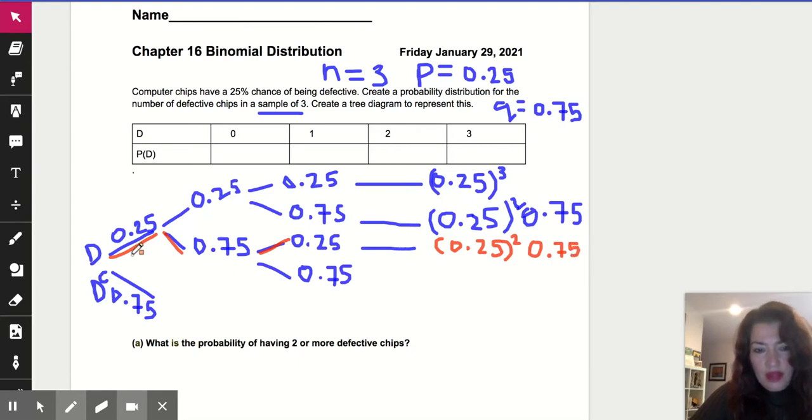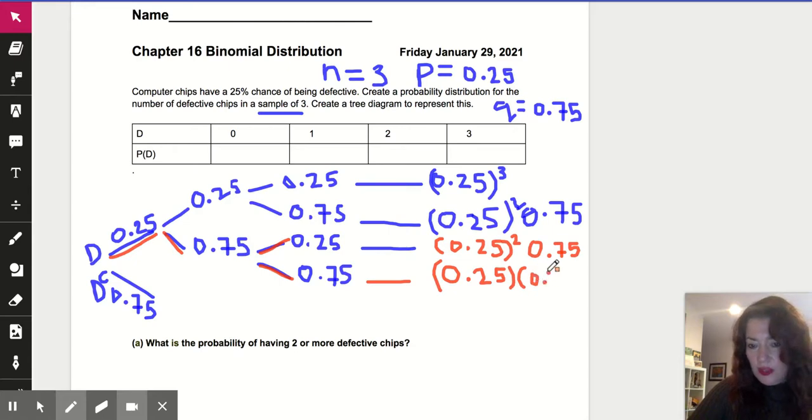And if I follow this branch, 0.25, 0.75, and then 0.75 here, that means we have 0.25, one of those, times 0.75 squared.